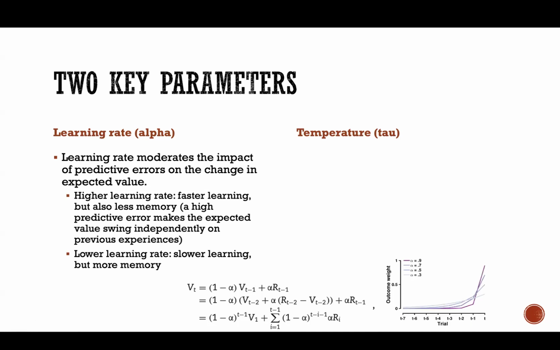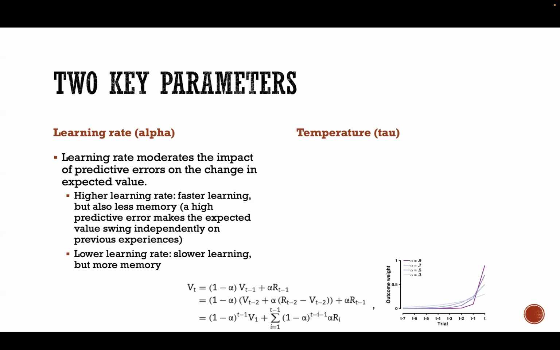Good. And one of the things that we do once we have a learning rate is we always need to try to visualize how things work. So here we can use these equations to simulate, given a learning rate of 0.9, how much does the current trial count?